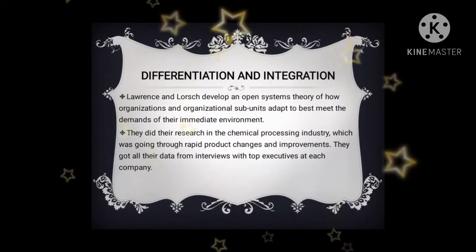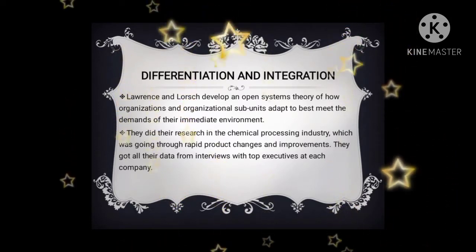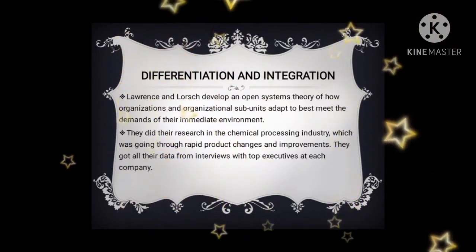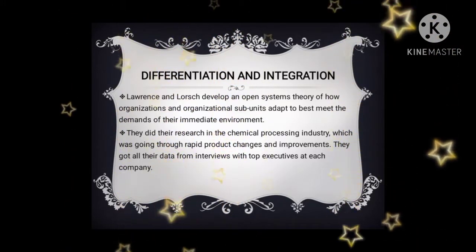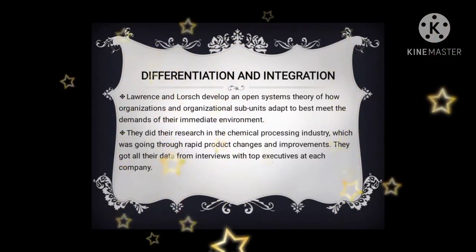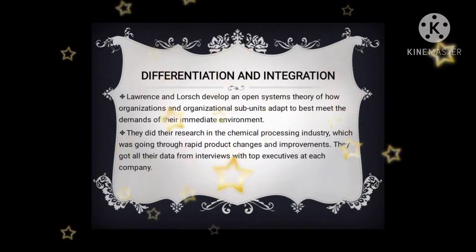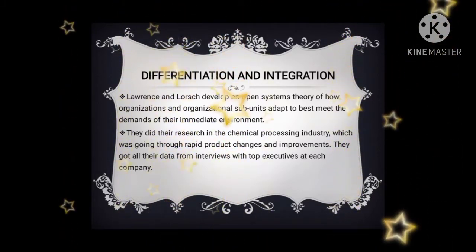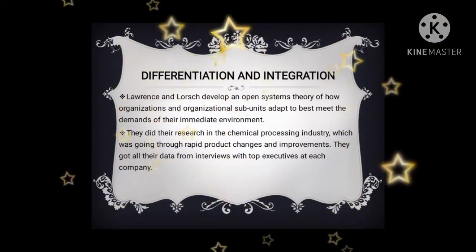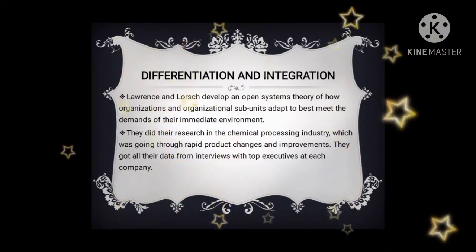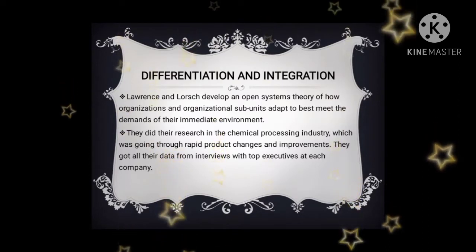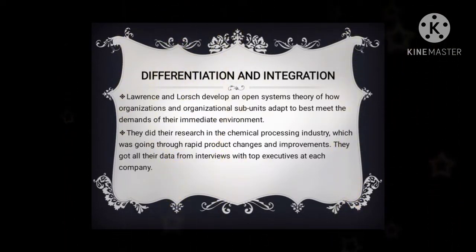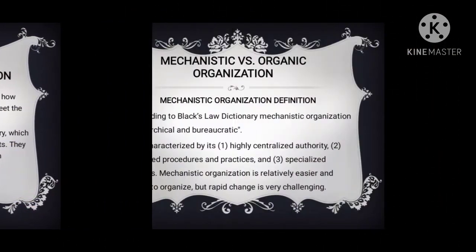Lawrence and Lorsch developed an open systems theory of how organizations and organizational subunits adapt to best meet the demands of their immediate environment. They did the research in the chemical processing industry, which was going through rapid product changes and improvements. They also got all their data from interviews with top executives at each company.